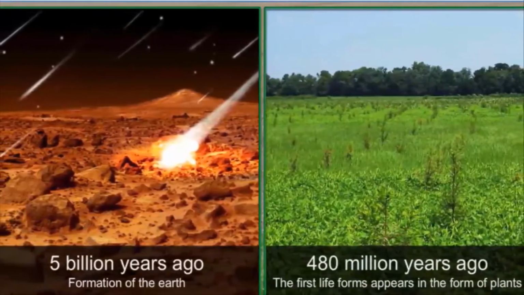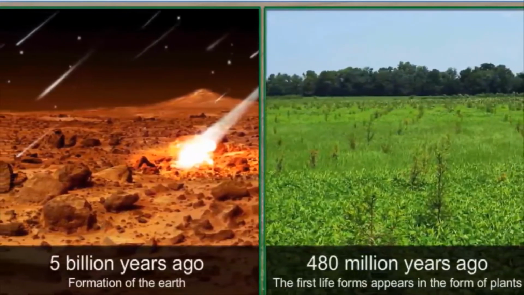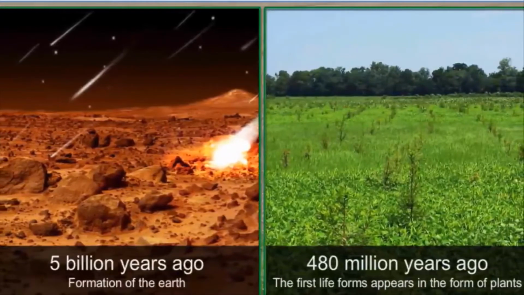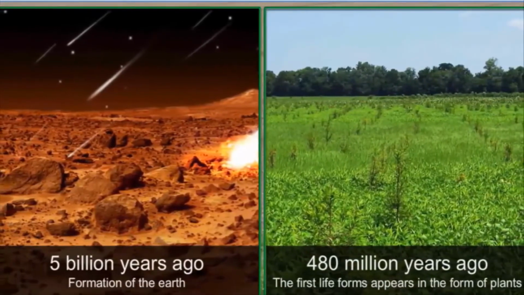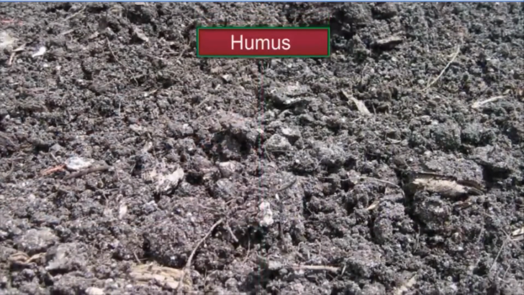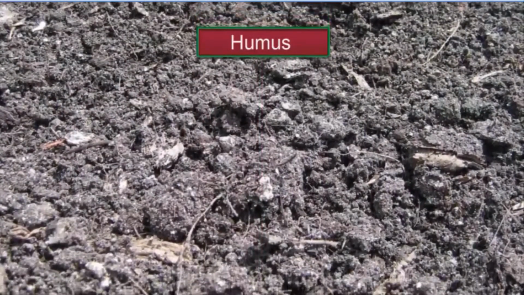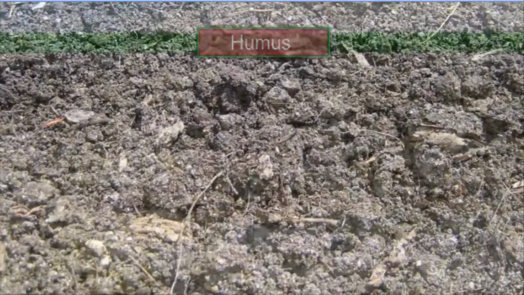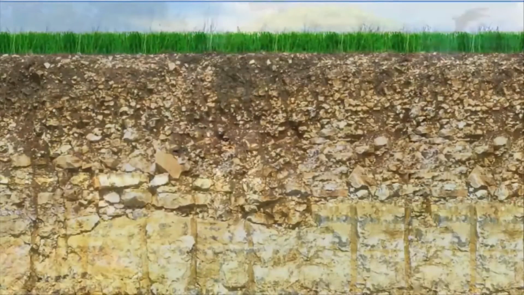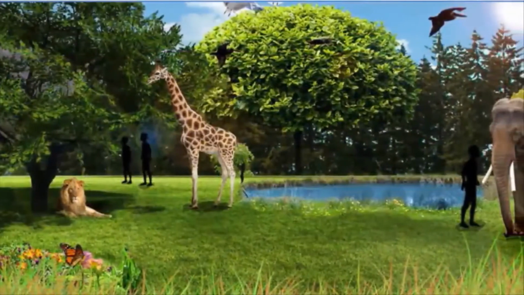Soil is a natural, abiotic, renewable resource. It contains inorganic and organic matter such as humus. Soil is an essential resource that supports a majority of plant and animal life on the earth.